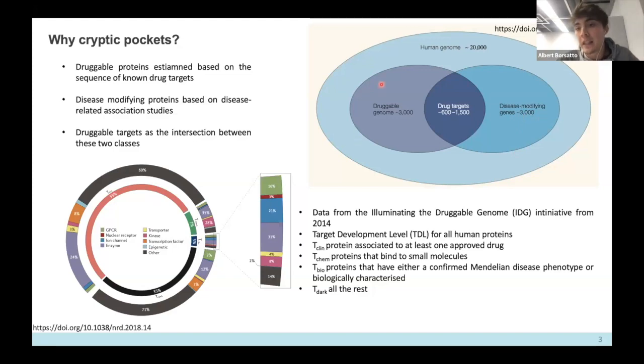If we intersect this set with the set of druggable proteins, then we only have between 600 and 1,500 possible drug targets. Currently, I think we are targeting 400 different targets. We're close to a theoretical limit.